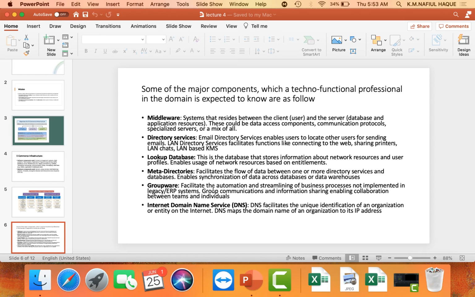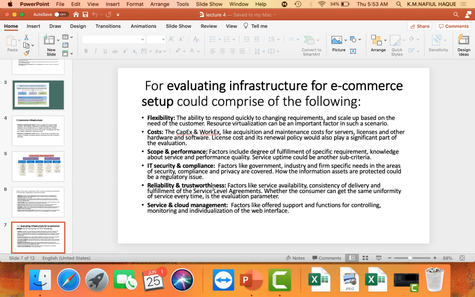Business. Then, for evaluating infrastructure for an e-commerce setup, we could consider the following components. Always consider flexibility.